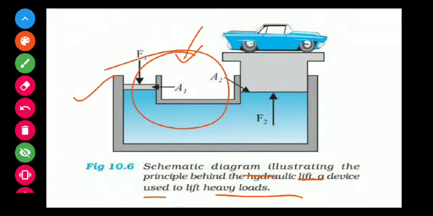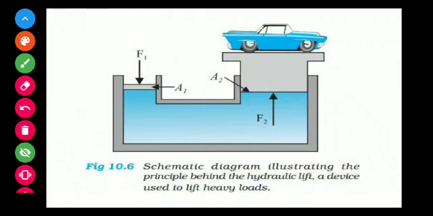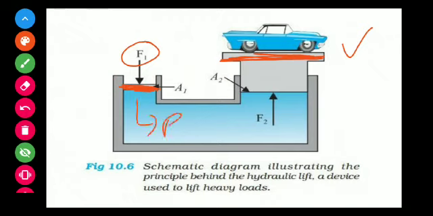Next, this is the application of Pascal law. This is your example of a lift. We apply a small force and we get a large force. Here the area of this piston is very small, but the area of this piston is greater, and we apply a force at this point, and there is a pressure at this point, and this pressure is transmitted equally in all directions according to Pascal law.